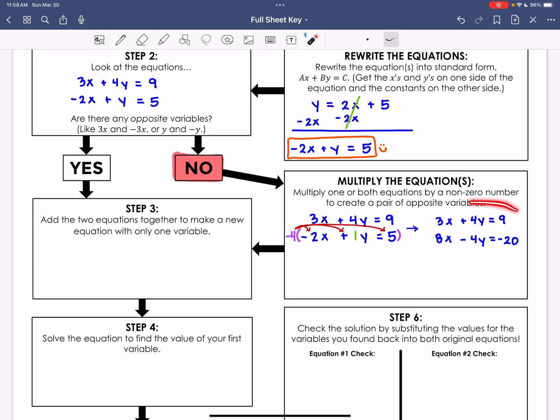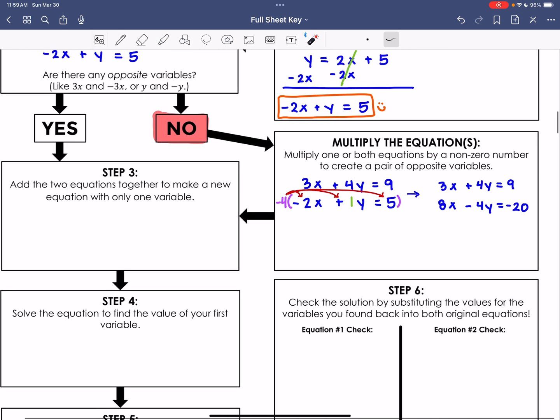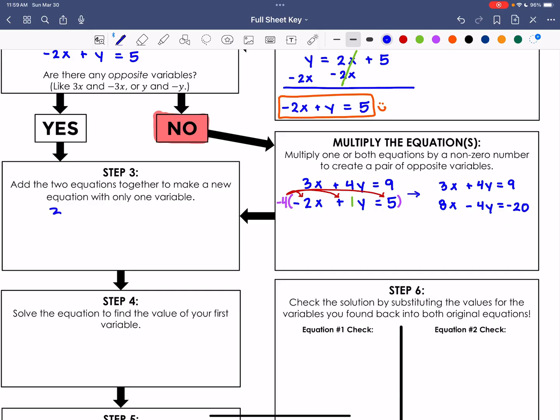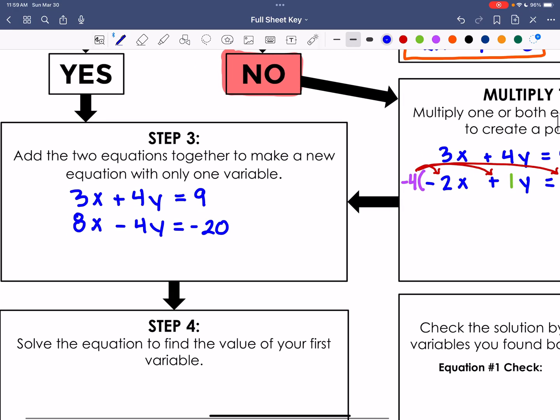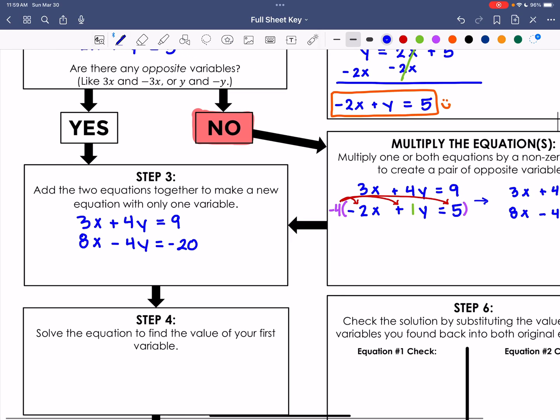So we are going to take our new and improved system and copy that down over here. So 3x plus 4y equals 9. And then the equation that I multiplied by -4 became 8x. Take away 4y equals -20. And again, if we do this correctly, we should end up with one equation with one variable.